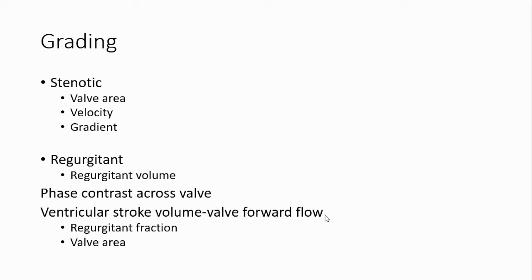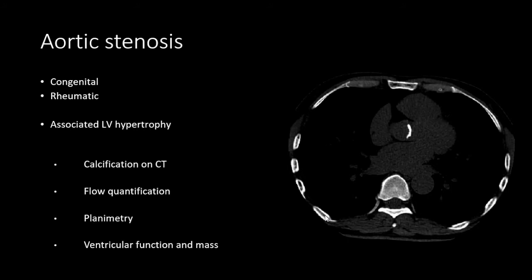Regurgitant fraction is nothing but the ratio of regurgitant volume to the stroke volume of the regurgitant valve. Valve area of the regurgitant valve can also help in prognosis of the patients. Now let's see individual valve lesions.